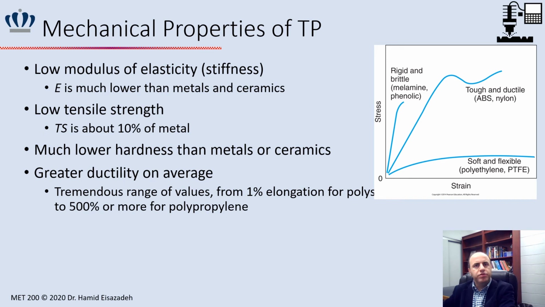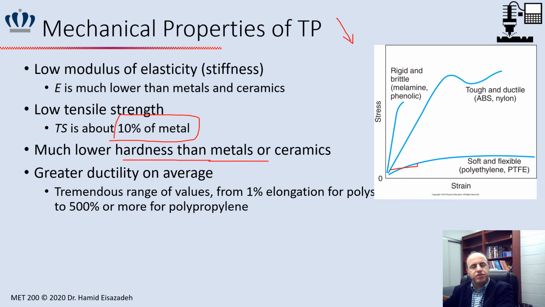The mechanical property of thermoplastic is shown here, and as you see, some of them have a very low Young's modulus. The slope is very low, but overall their stiffness is very low compared to metal, about 10%. They have low hardness compared with metal and ceramic.